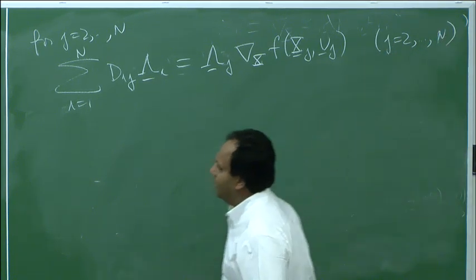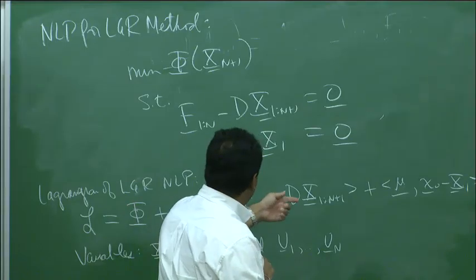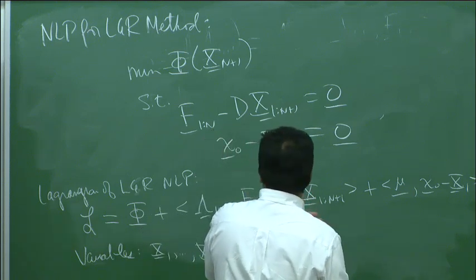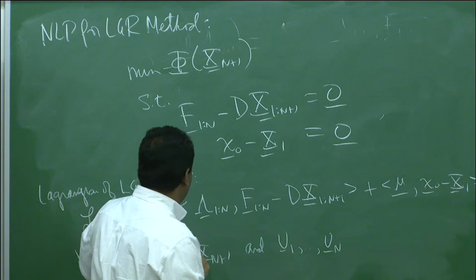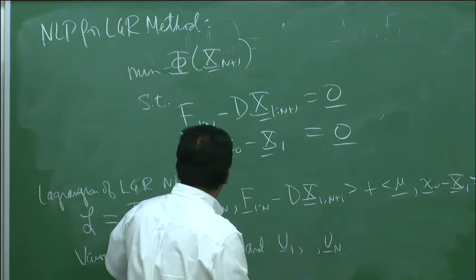Now you'll see that when I differentiate with respect to any of the values of x from 2 to n, the only place that x_{n+1} occurs is in this equation here and in that term over there.